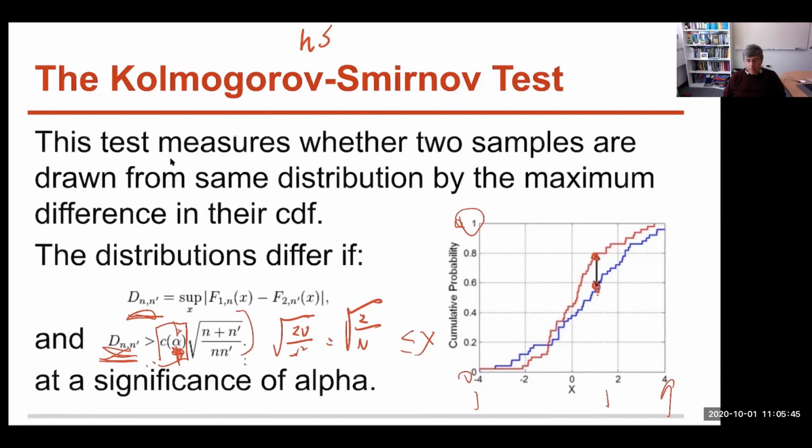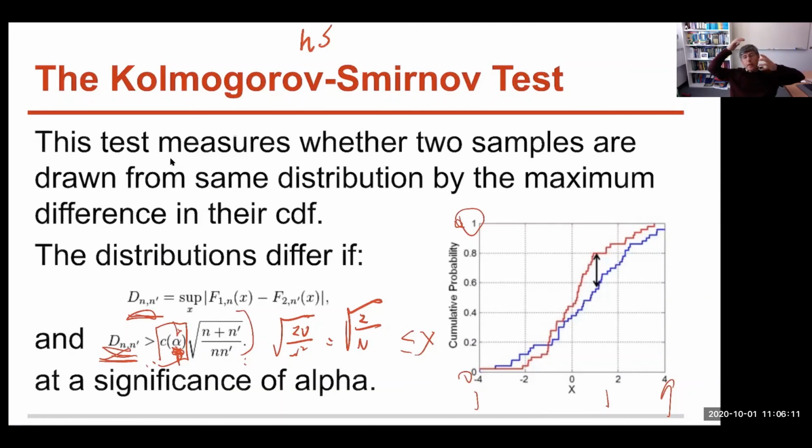Okay, I happen to really like the KS test for a couple of reasons. One is that I get a picture from it. When I get a picture like this, I can look at it and ask myself, do I think these distributions are the same? It gives me more confidence that I'm doing something right or wrong than just getting a number out of it.